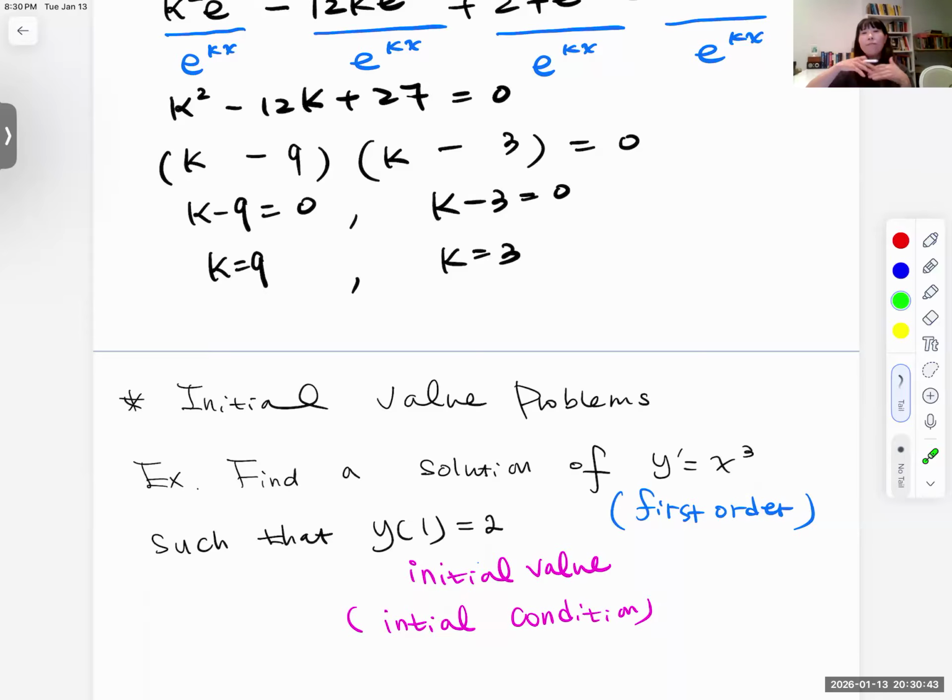Now we're going to find the actual solution with a given differential equation, right? So y prime equal to x to the third power. And then they give us an initial condition. Okay, so the process is a little bit different from the previous one, okay?